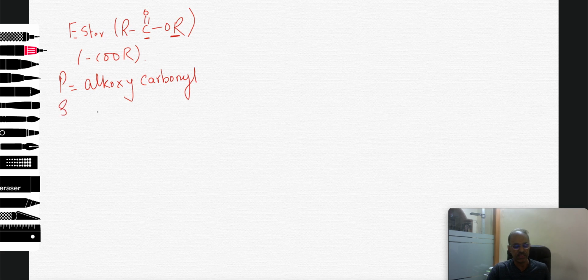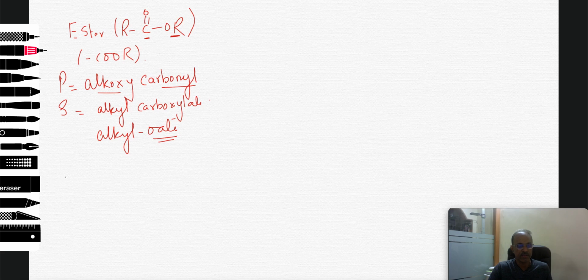While the suffix is known as carboxylate, alkyl carboxylate, or alkyl oate. Alkoxycarbonyl is the prefix, and we will see some examples.